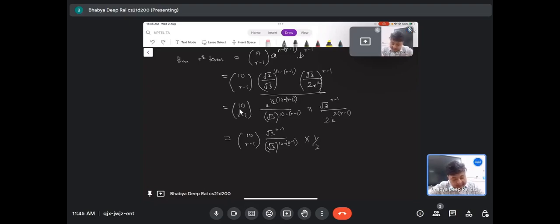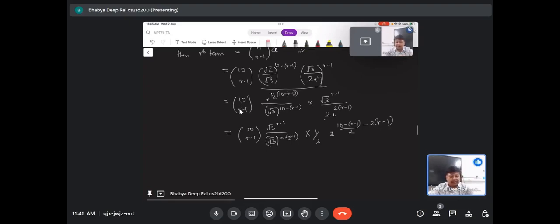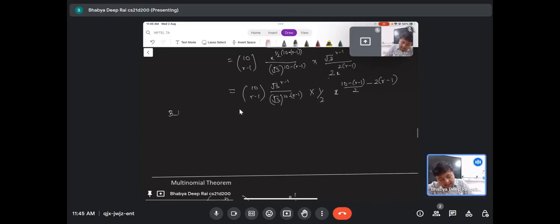Now I can write this as, I can subtract their powers, right, because it's division. I can write it as x to the power 10 minus r minus 1 divided by 2 minus this power 2 times r minus 1. Okay, good. But we know this term is independent of x.